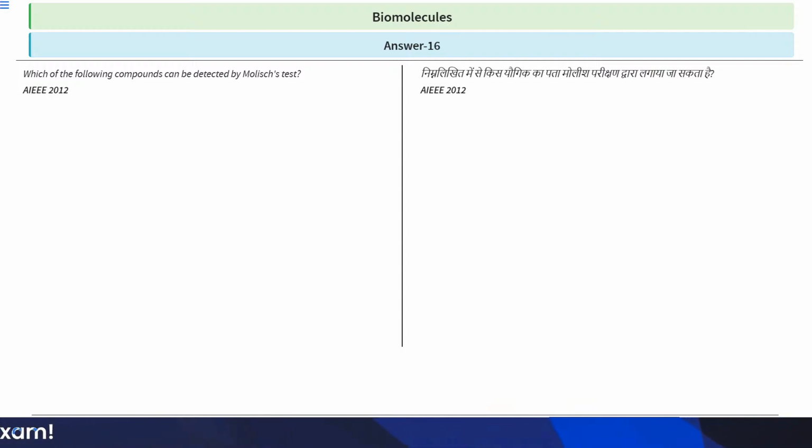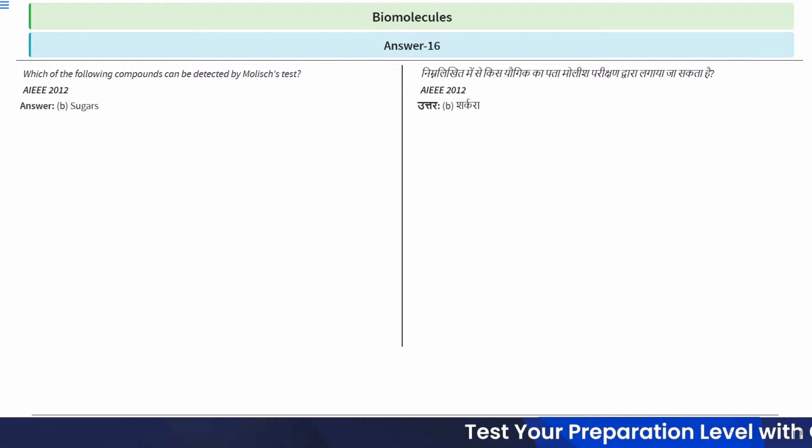The correct answer for the given question is option B, that is sugars.